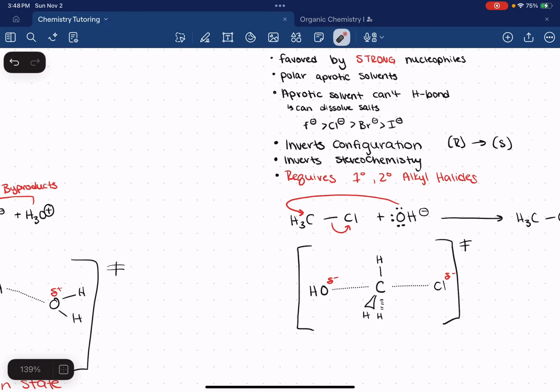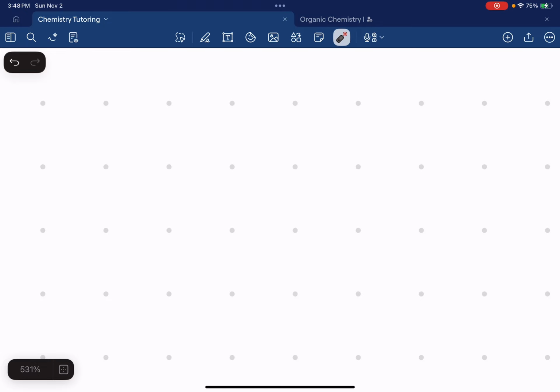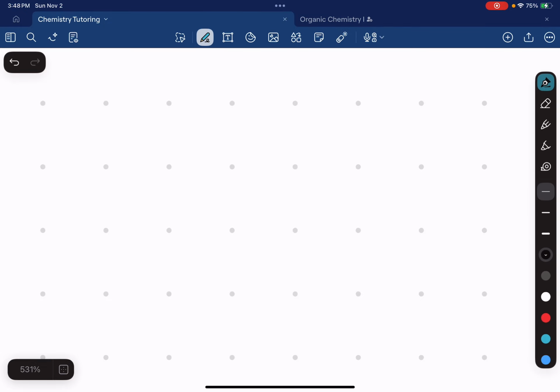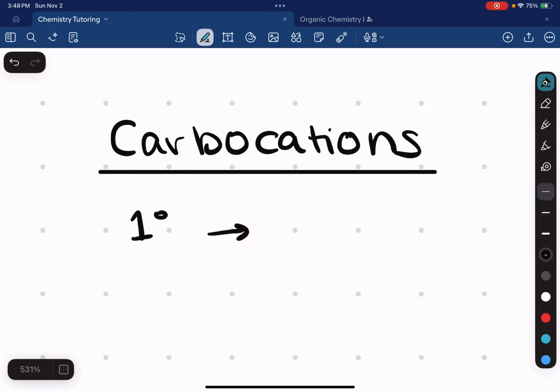And I know I touched on the stability of carbocations, but I'm realizing now that I should have written it out, right? So we've got carbocations. Primary looks like this.